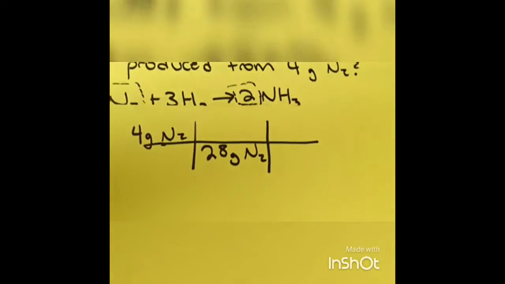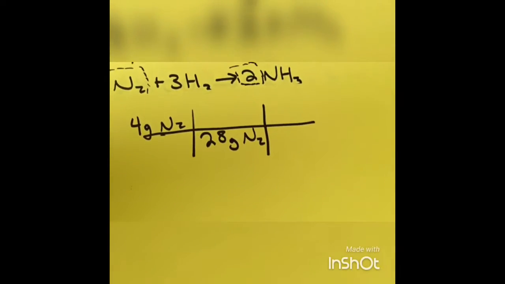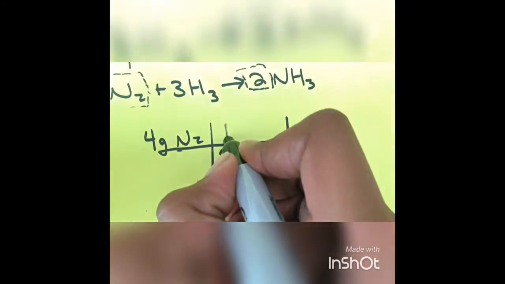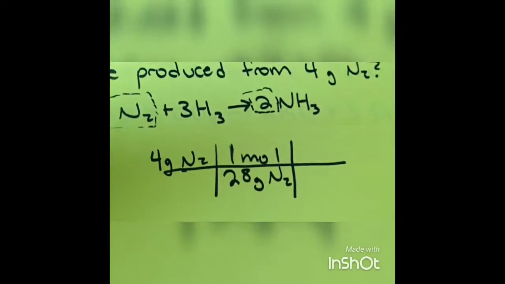The reason that it's 28 is because it's N2. If it were just N, then it would just be 14, but it's N2, so you multiply that number by 2 because there are 2 nitrogens. So now these would cancel each other out, and we're left with 1 mole at the top. And awesome, we've converted to moles.